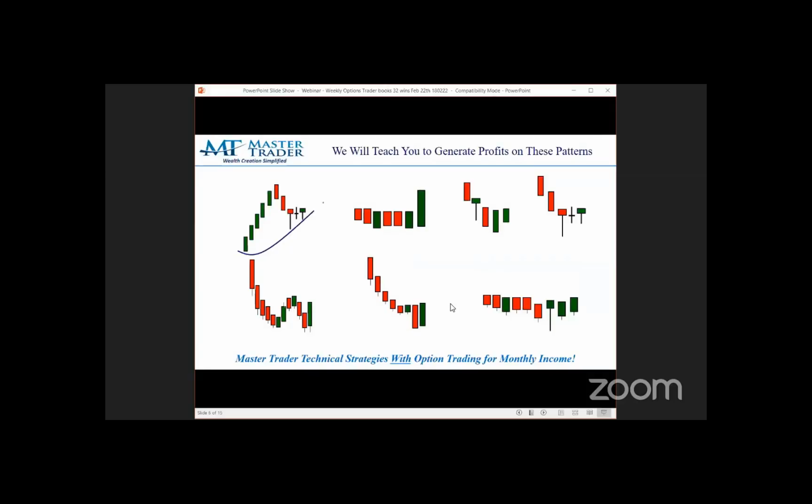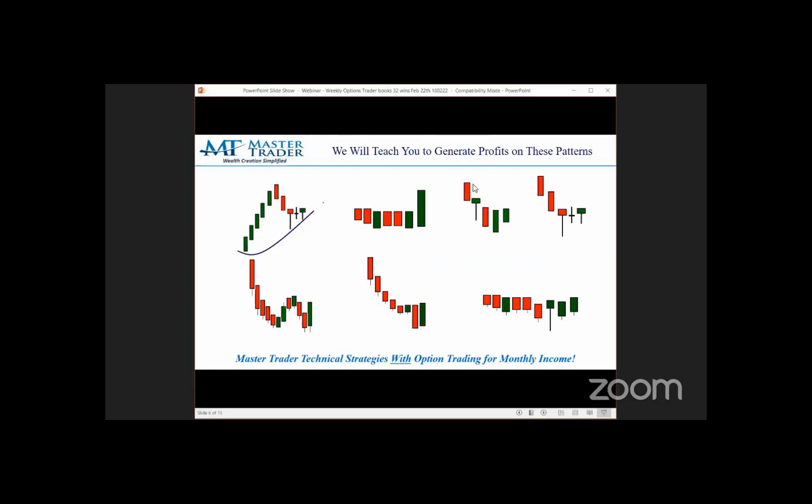But here we go. These are the patterns that we're looking for in selling the bull put credit spreads or naked puts alone. And obviously we do it on the bearish side. So just flip this chart upside down and everything is identical to sell bear call credit spreads.